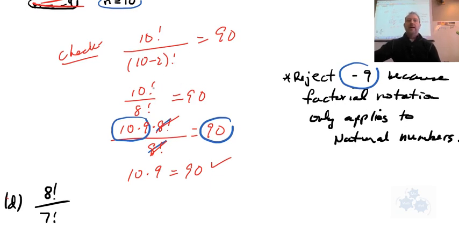So 10 factorial over 8 factorial. The 8 factorials would be gone. 10 times 9 times 8 factorial over 8 factorial. So 10 times 9 equals 90. That works. And of course we reject the negative 9. Okay, so that's the one way.